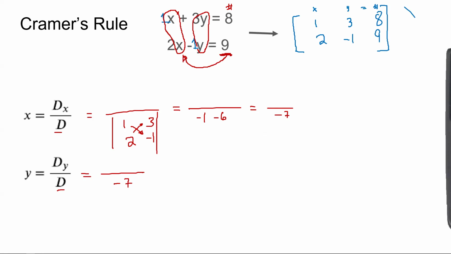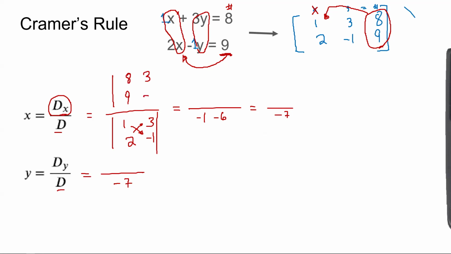So the determinant that I need to do here for dx, I need to pick up the 8 and the 9 and replace the 1 and the 2 with it. Okay? When you want to solve for x, put it in the x column. So that's going to make an 8. And I'll go ahead and put the 9 down here. There's that column that we replaced.